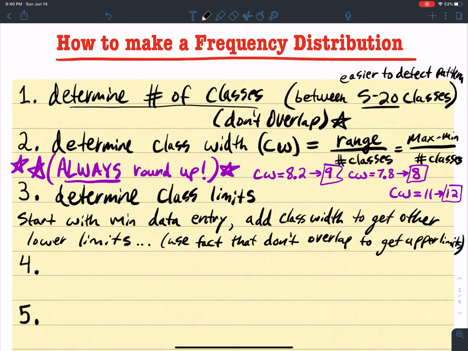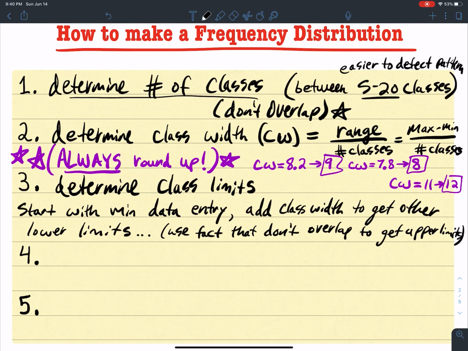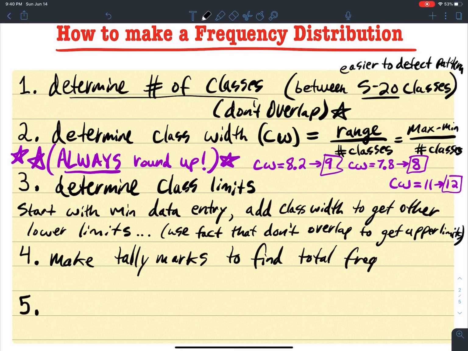All right? Number 4, so this is what you're putting on your little note card, right? Number 4, make tally marks to find the total frequency F for each class.